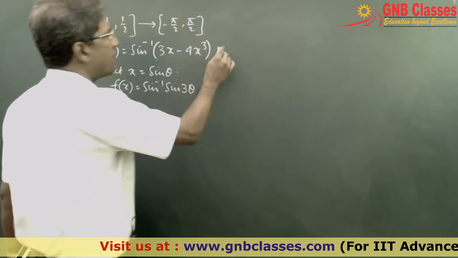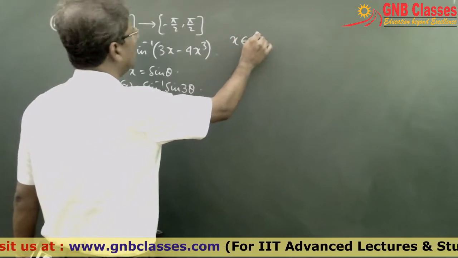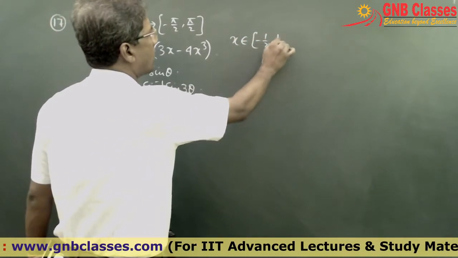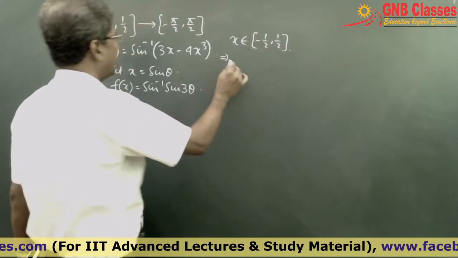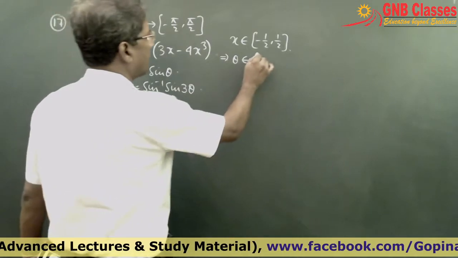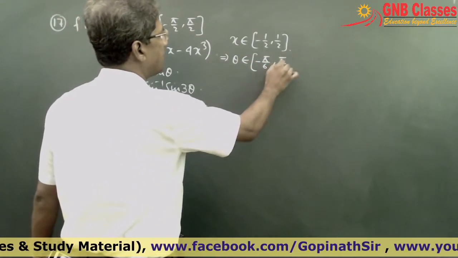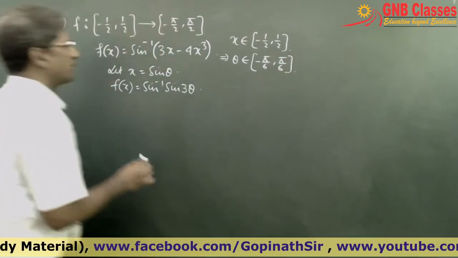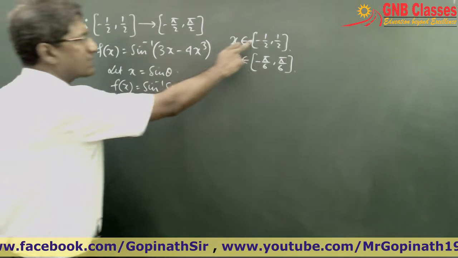Now, as they have said from the definition, we can say that x belongs to minus half to half, which implies theta belongs to minus pi by 6 to pi by 6. Have you understood this? x is nothing but sine theta, x is lying from minus half to half.